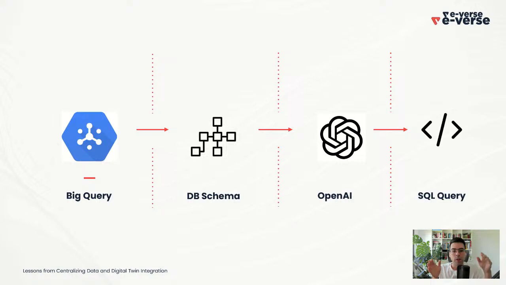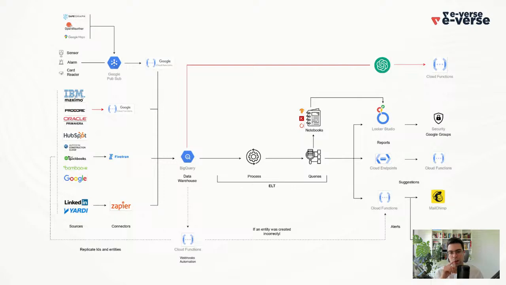That way, we could shrink the cost a lot. Instead of just sending the whole data warehouse, OpenAI itself will tell us what specific fields, tables, and sections of the data warehouse it needs. And that was a fancy solution that helped us create a chatbot that had a filter through OpenAI to actually make questions that way.